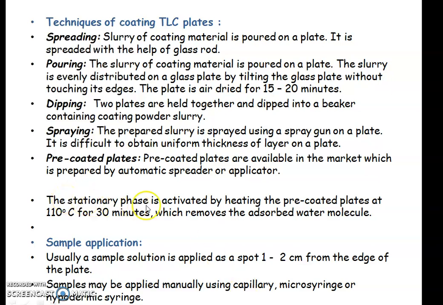Now these coated plates containing stationary phases are activated by heating the pre-coated plates at 110 degrees Celsius for 30 minutes, which removes the adsorbed water and enhances interaction of sample with stationary phase. Now after preparing your stationary phase, the next point that comes is application of sample.